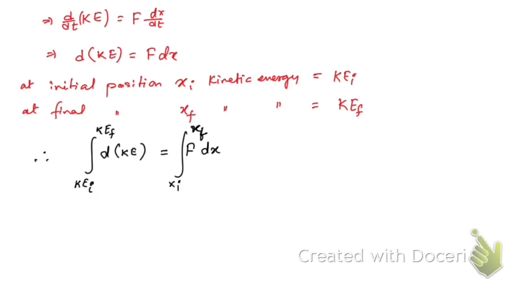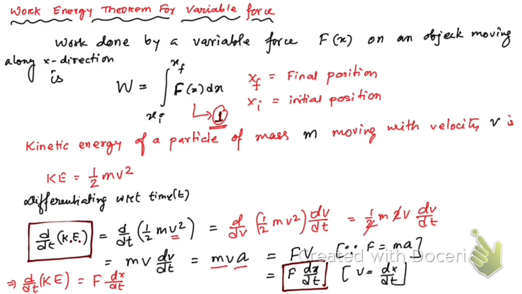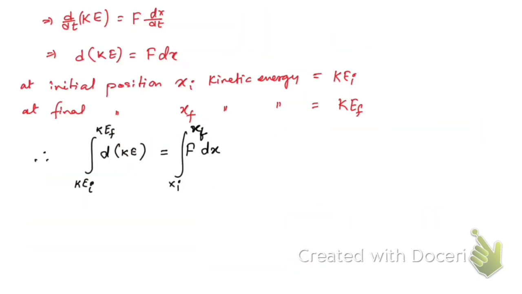Okay, so then what we have here is nothing but the work done by the variable force that you have got in equation number 1. This is F, means it is F of x, right? So this is the work done, and this is the change in kinetic energy. On the left hand side, after integrating, this derivative will be removed, so we get kinetic energy. Let's put the upper limit and lower limit.